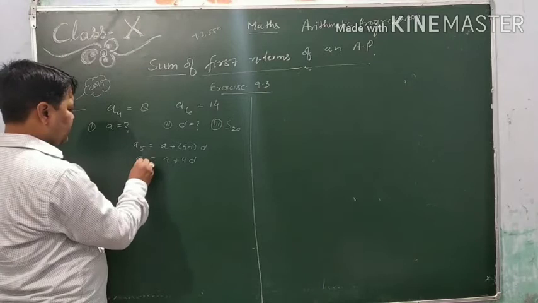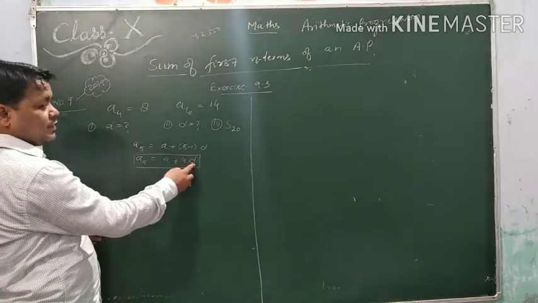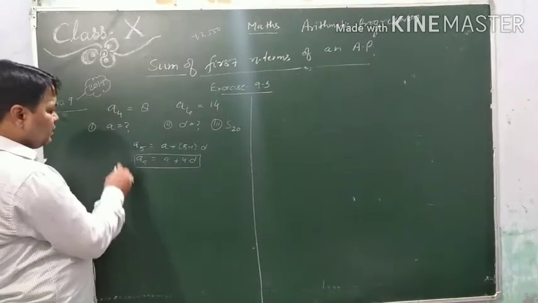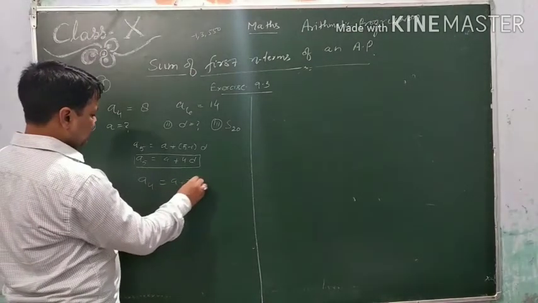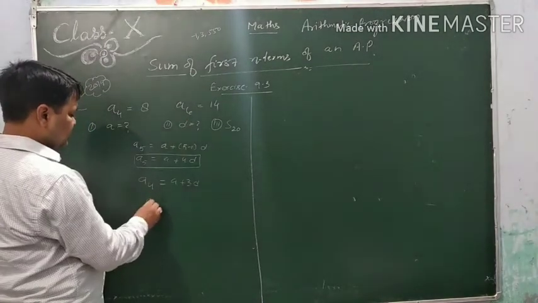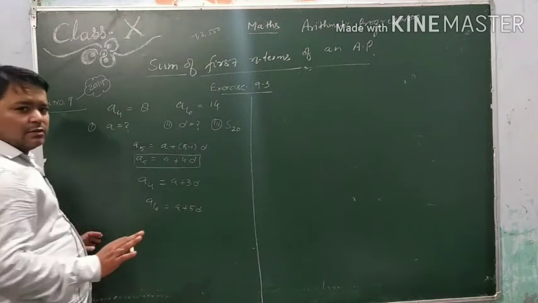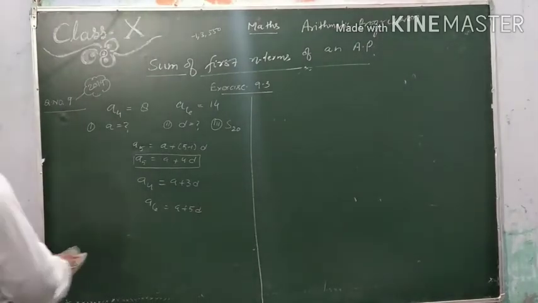It means a5 is a plus 4d. Then a4 will be a plus 3d, and a6 will have the value a plus 5d. Very simple. Let us do it.